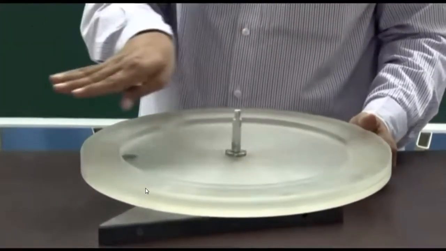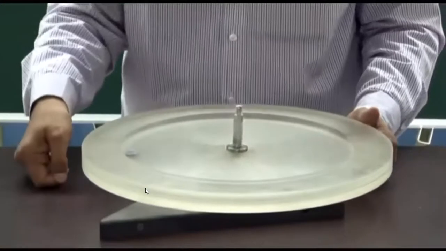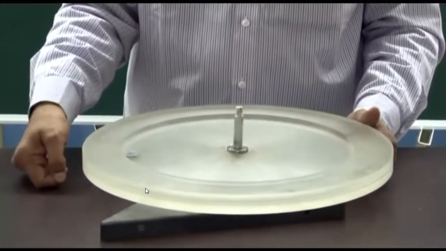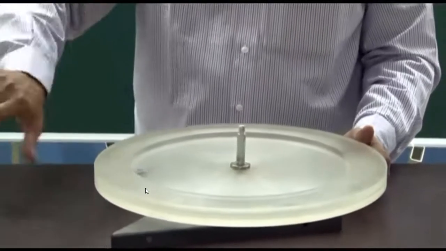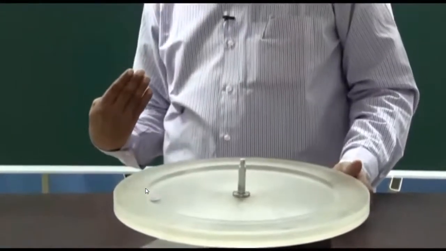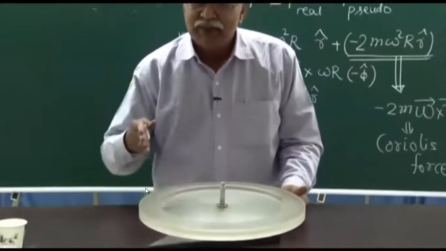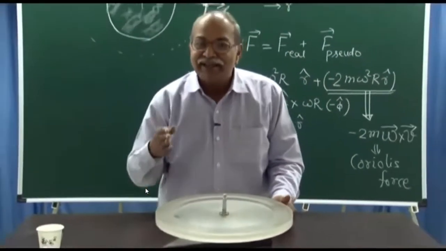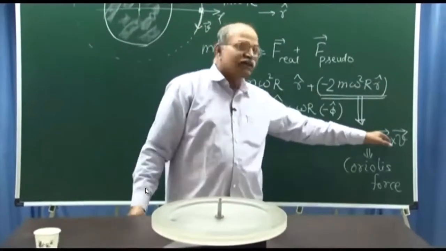So velocity is in radial direction and omega is vertically downward. So what is omega cross v? Omega cross v is in this direction towards me, and therefore minus of omega cross v will be in this direction. That is the direction of Coriolis force, minus 2m omega cross v.